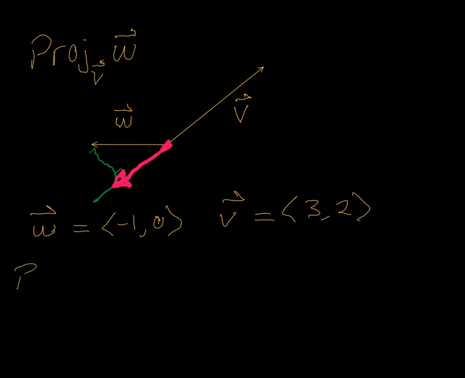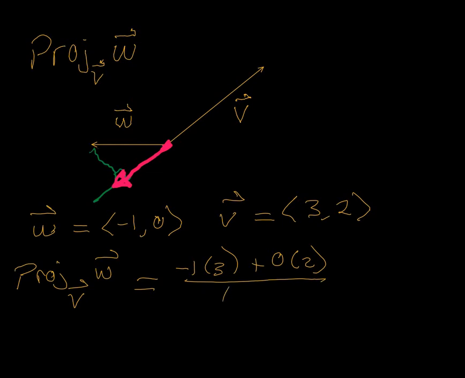Then the projection of w onto v would be equal to the dot product of the two vectors, which would be -1 times 3 plus 0 times 2, over some magnitude squared, which I have to calculate, and then we'll multiply by vector v afterwards.